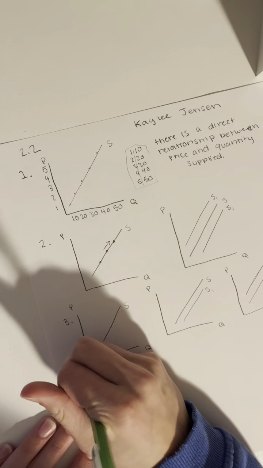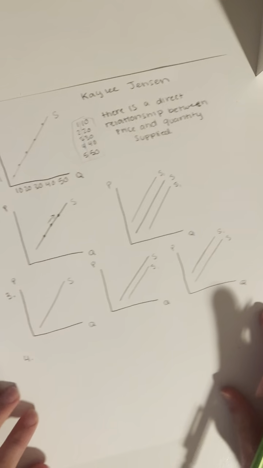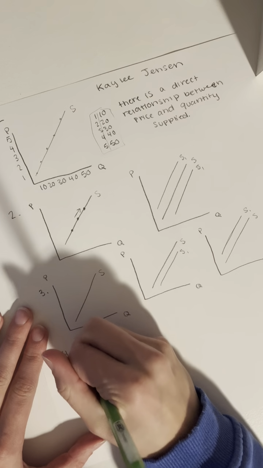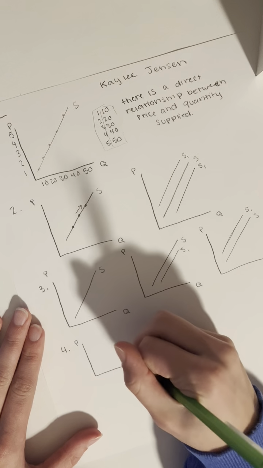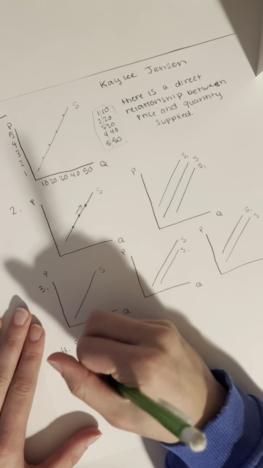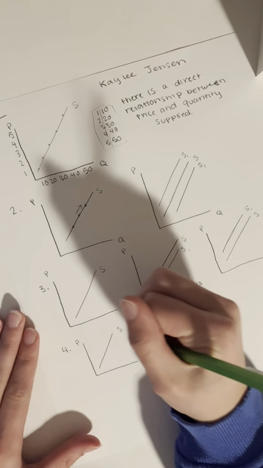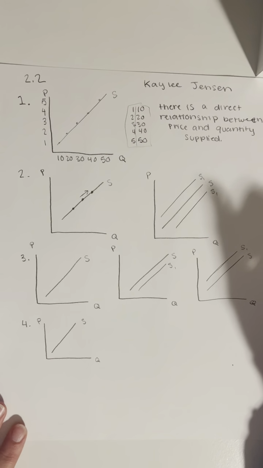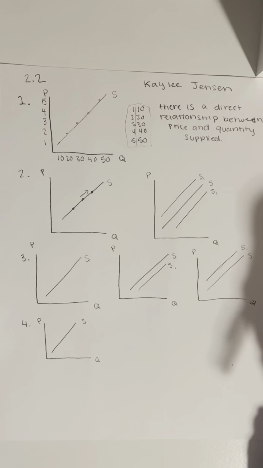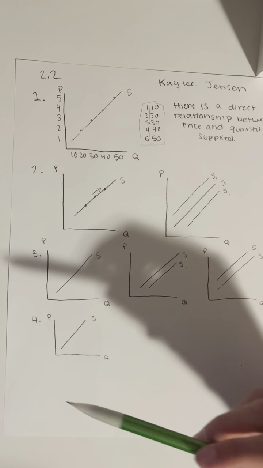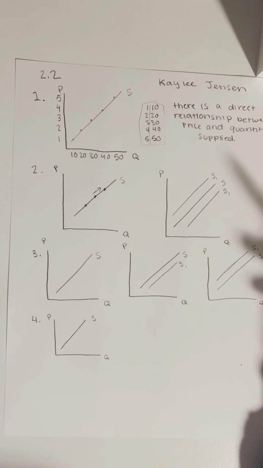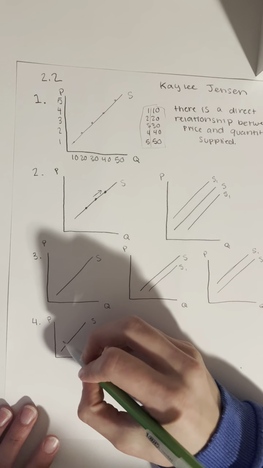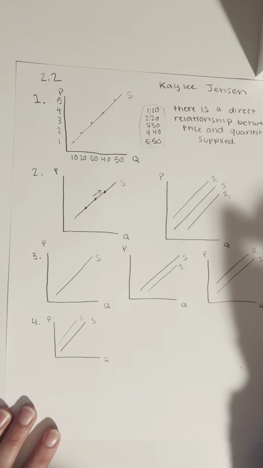All right, and for number 4, we have our 5 determinants. So we have our first one, price, quantity, and supply. So for our first one, we would have our price of our resources. So in the market for milk, if the price of cows increased, then our supply of milk would decrease and shift to the left.